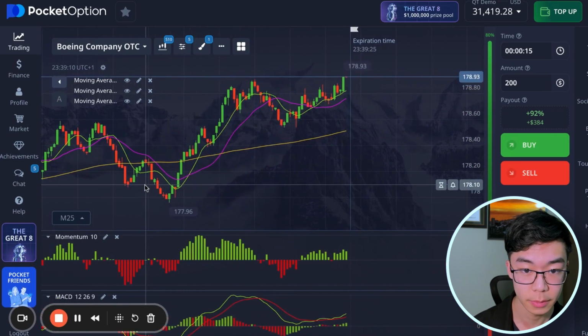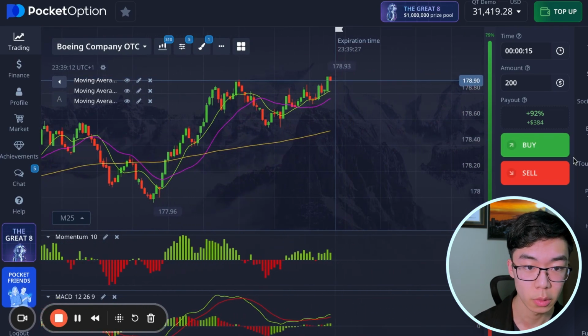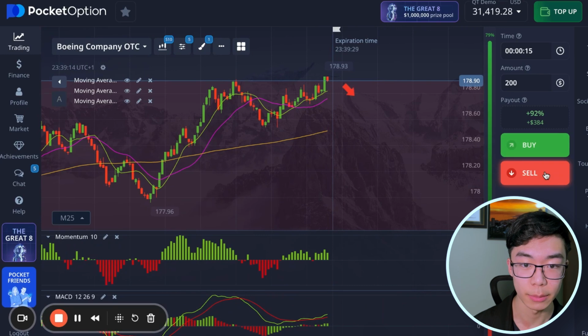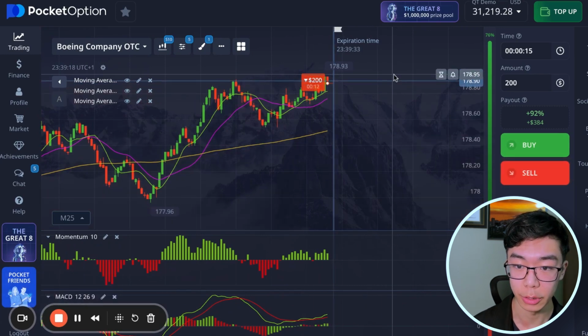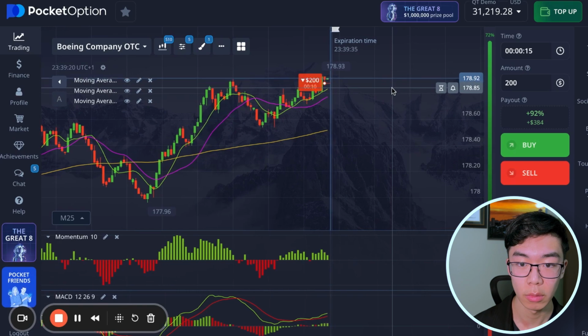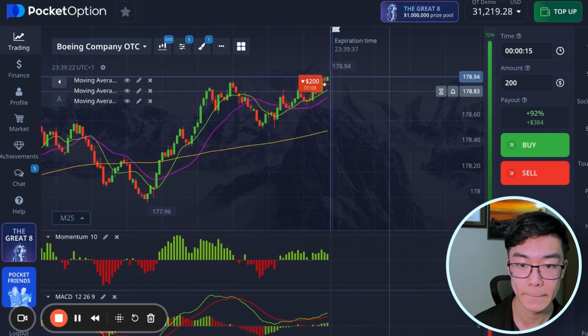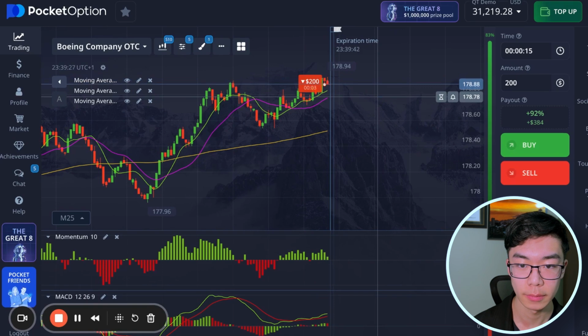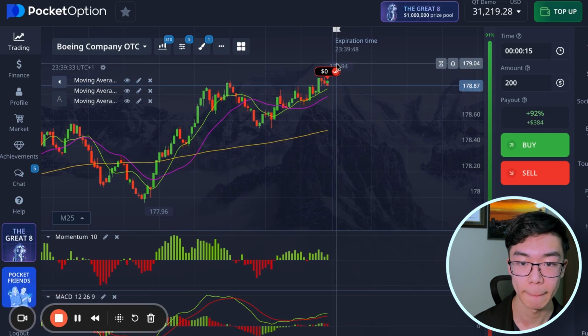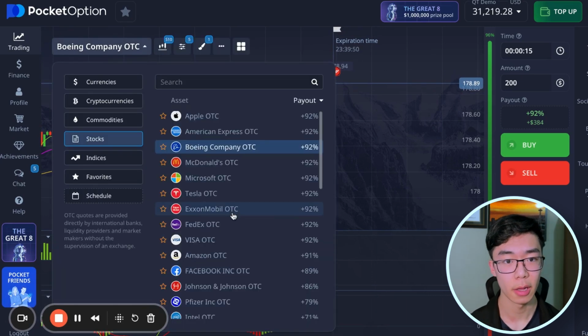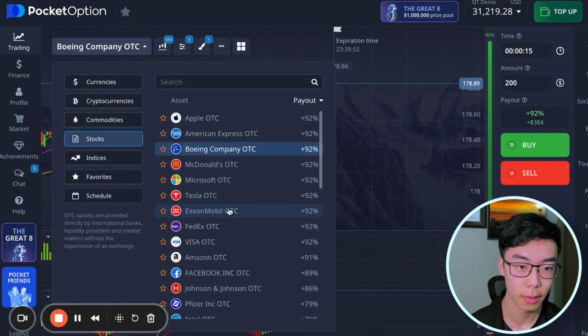It's going up, testing a key resistance level right here, though. So we'll see if it actually breaks through or not. If not, then it would be potentially a pretty good sell. Potentially it's going to break through, potentially it's going to go back down. Let's see. Okay, so we made that. That was a loss right there, but that's fine.